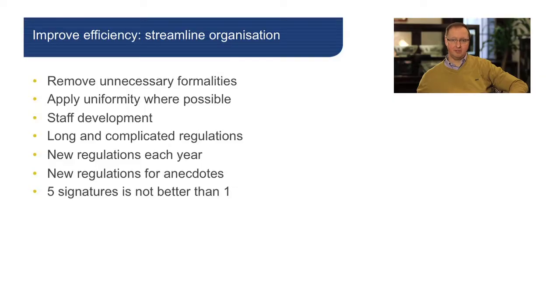There are ways to increase the efficiency in the organization. First of all, by removing unnecessary formalities. Many rules and regulations are very extensive, have many guidelines, many exemptions to guidelines. Keeping it simple or deregulating is often a way of increasing the efficiency.